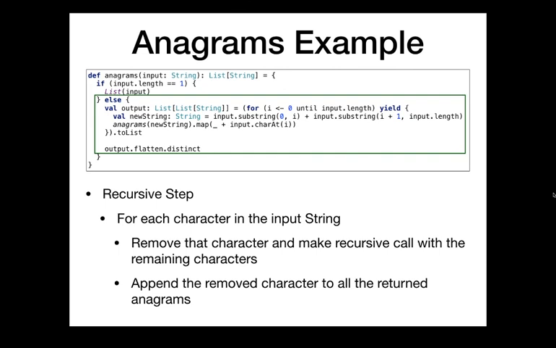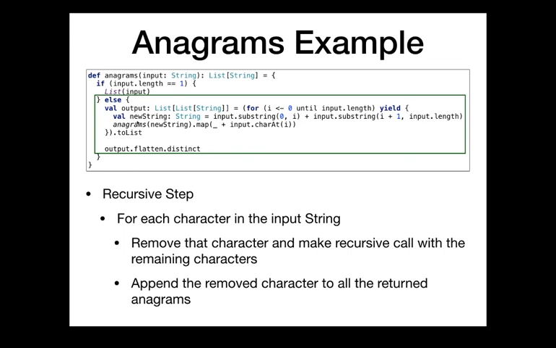And the recursive step. So a quick reminder of what we did last time. Even though it's rewritten using the functional programming paradigm, what we're doing is iterating through the characters of the string, removing each character one at a time to create this new string. And this line here is verbatim from before, from last time.